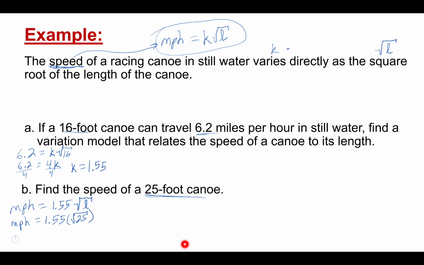So what is 1.55 times 5, the square root of 25? Well, that's going to equal 7.75. So the speed of a 25-foot canoe in still water is 7.75 miles per hour.